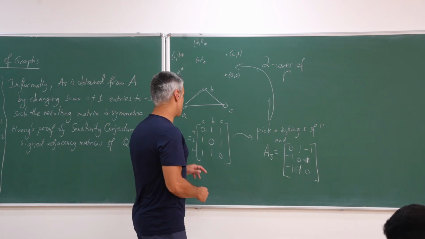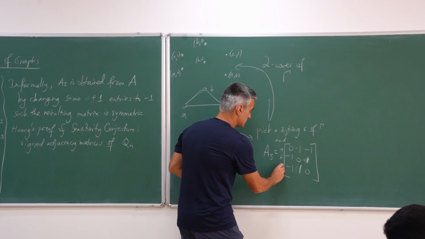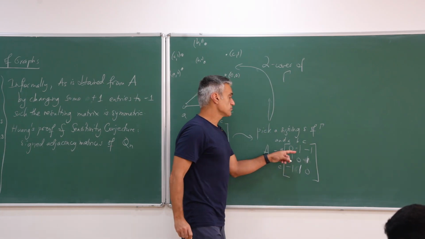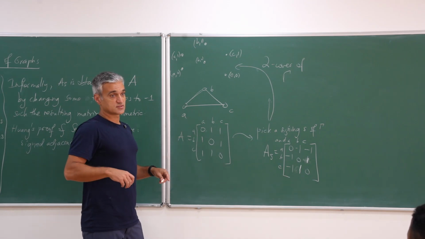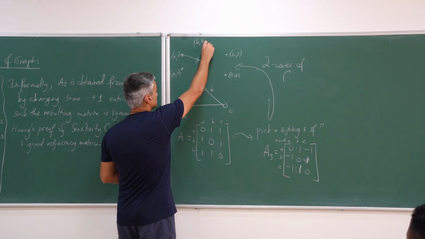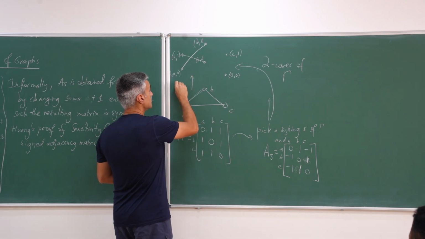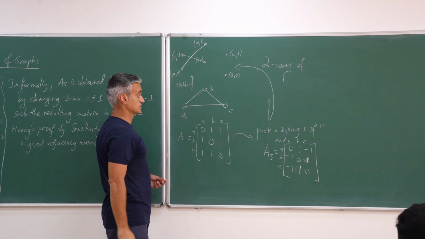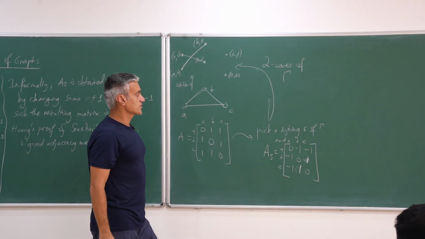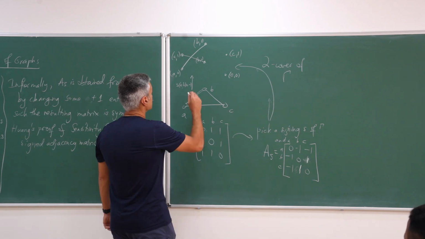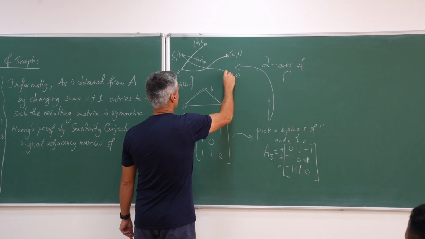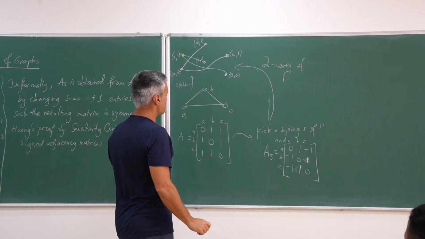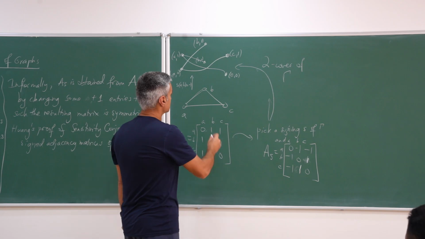So let's put ABC, ABC. A and B is a -1, so for this edge AB I will cross the diagonal, like this, because the sign of the edge AB is -1. AC you will do the same, you also cross like this. And the last one, BC, you keep parallel.